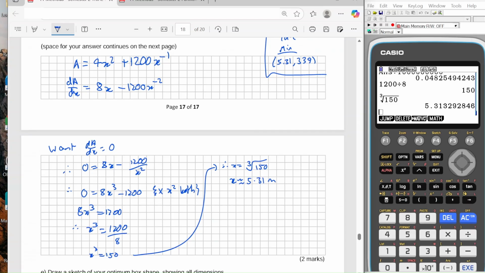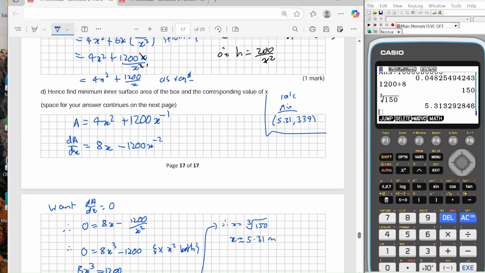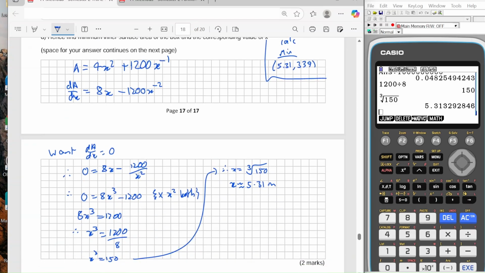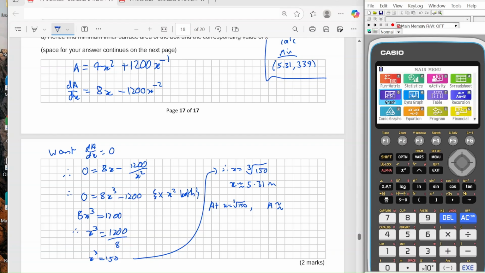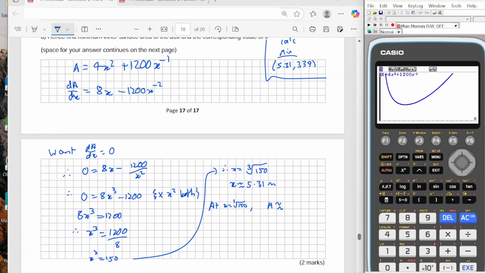And you can get the area from that. So minimum surface area and the corresponding value of x. At x equals cube root of 150, the area approximately equals, and we're just going to use that graph to get that. So we draw that.